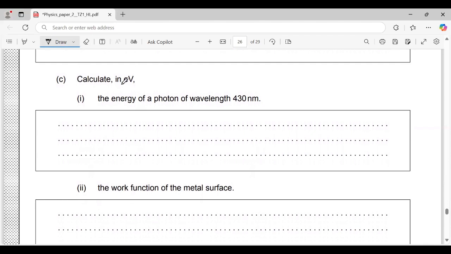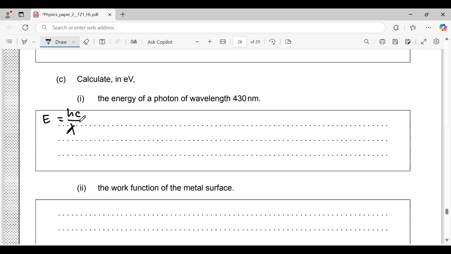Next, calculate in electron volts the energy of a photon of wavelength 430 nanometers. I would like to use the formula E equals hc over lambda.